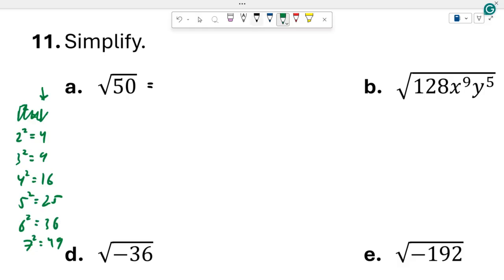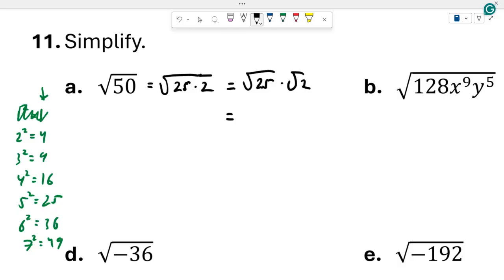So what you want to do is think of 50 as 25 times 2. You break it up like that, and then you can break up the square root into 2 separate square roots. Now I have 2 smaller square roots, and the whole reason for doing this is that the square root of a square number should be an integer.